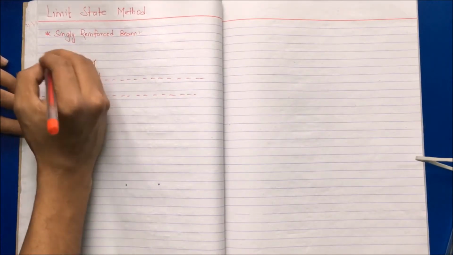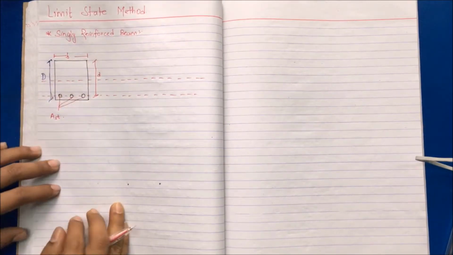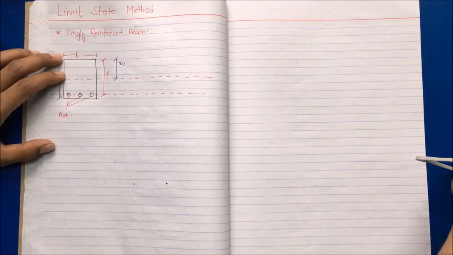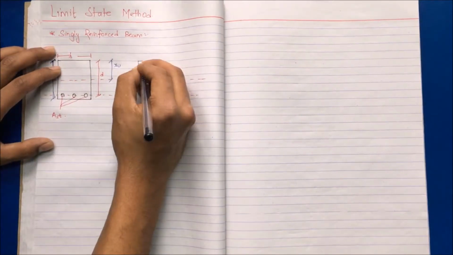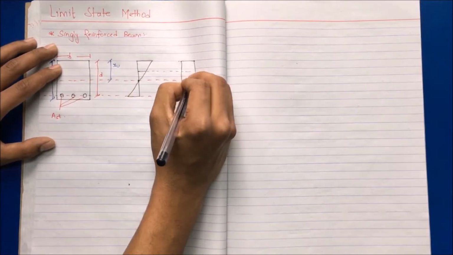Also take B as the width of the beam. Let xu be the depth of the neutral axis. Now let us draw the strain profile as well as the stress profile.